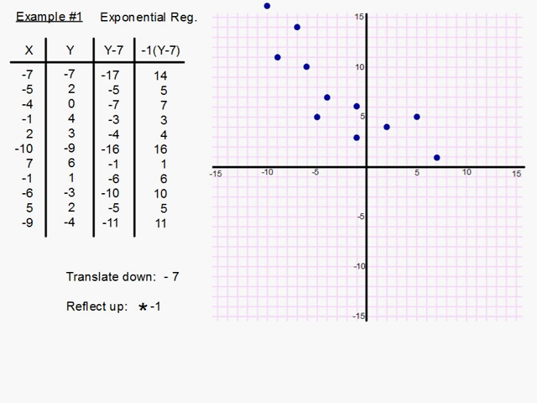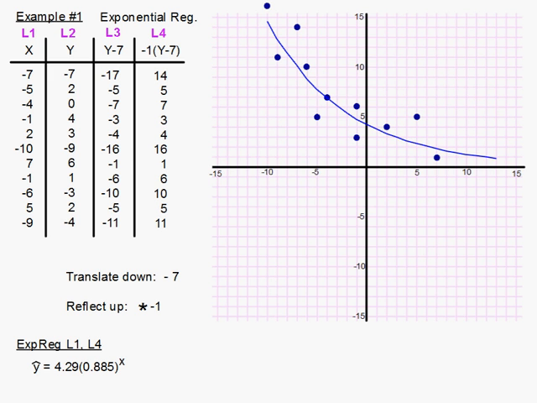And we can get all positive values then. Now what we can do is do an exponential regression using L1, L4, because those are now our positive values. And we're going to get that equation, which is going to fit those points very nicely.